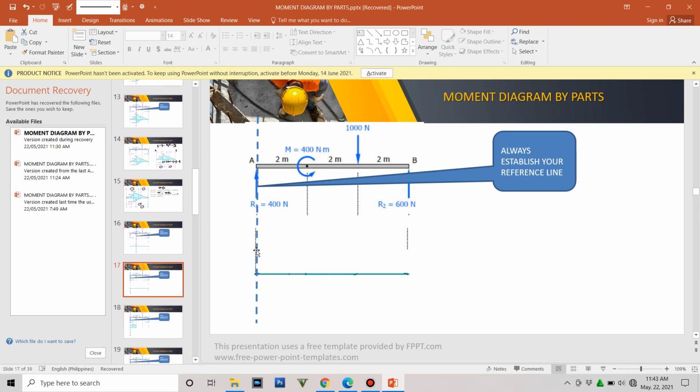And it is assumed na alam na rin natin yung reaction. So we'll now draw our moment diagram by parts. So unahin na muna natin yung 400. So anong gagawin? Ilalak mo dyan sa reference line and then apply the loading or the couple. So pag apply mo ng couple, anong mangyayari sa beam? Tataas ba siya or bababa?